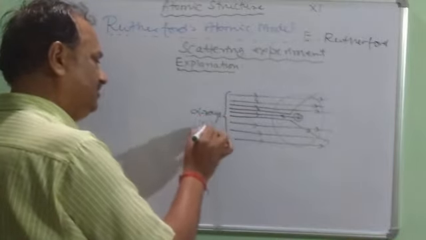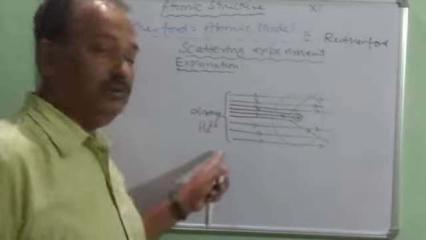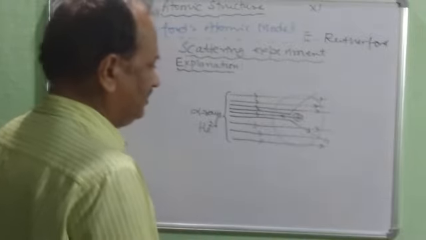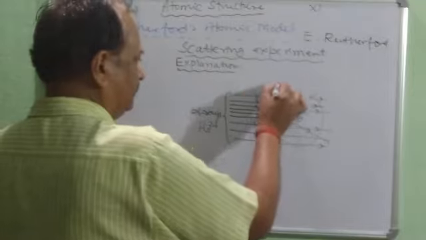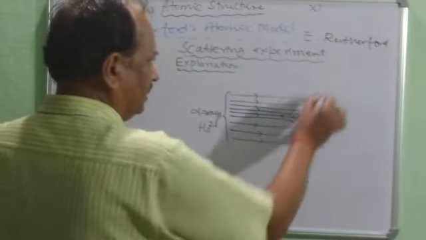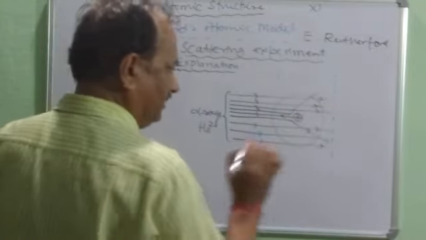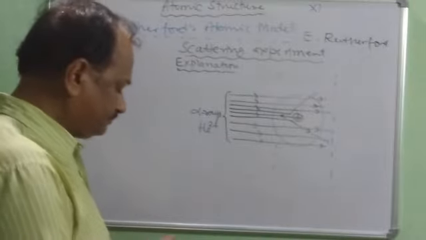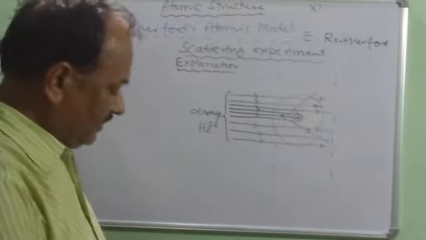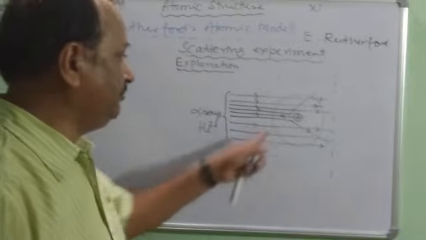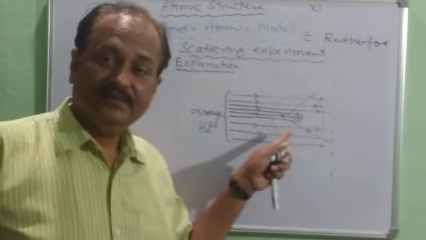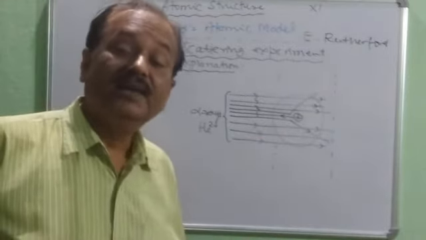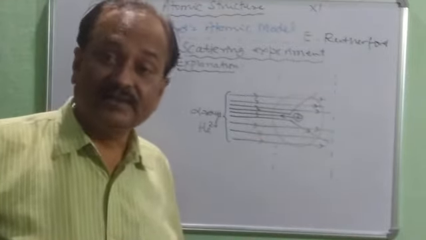Alpha rays are nothing but helium nuclei carrying 2 positive charges, and this is the internal structure of the gold foil. The gold foil is made up of atoms, so a large number of alpha rays will pass in a straight line, because a large space in the atom is empty.